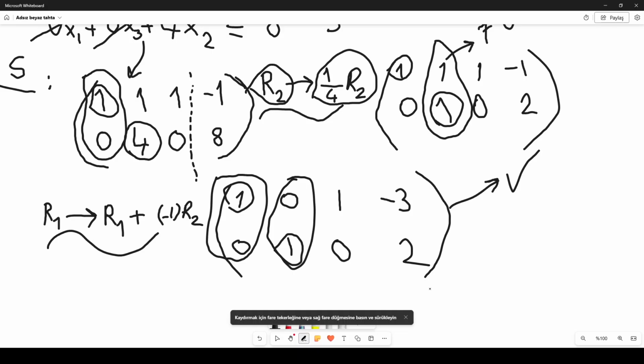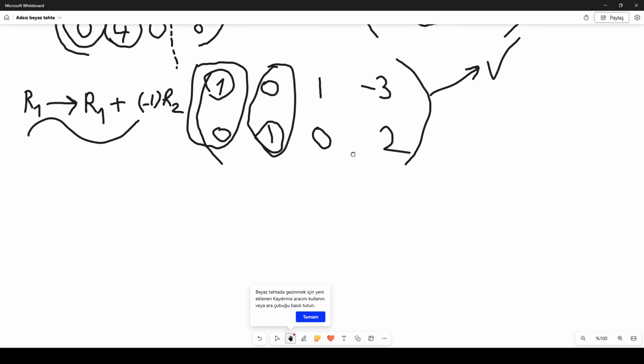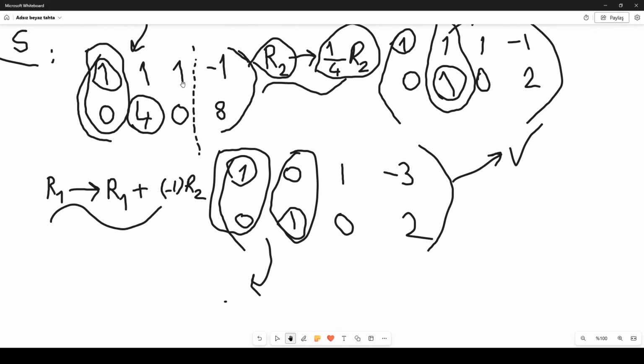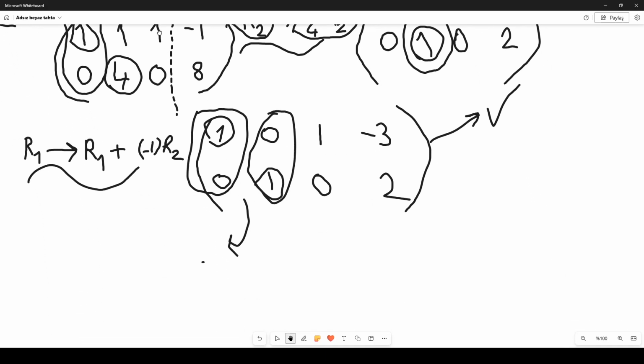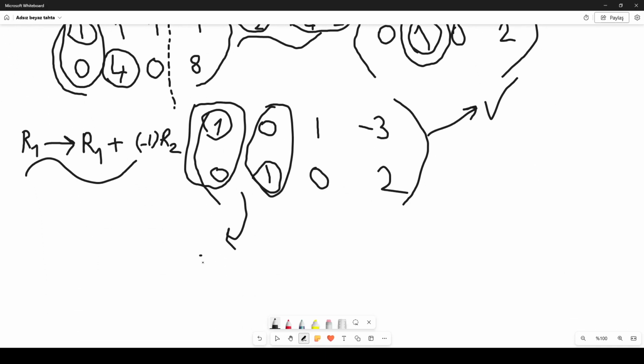Now what should we do? It is time to find the solution set to complete this computational process. Let's see what we got here. We start at the bottom row. Looking at the second row, what was the name of the variables? We got x1, x2 and x3, right? So don't forget them.